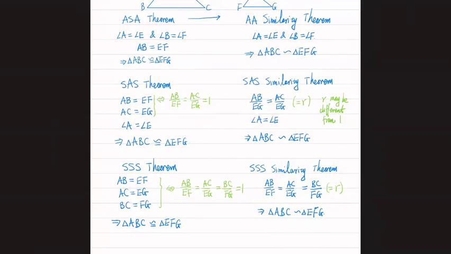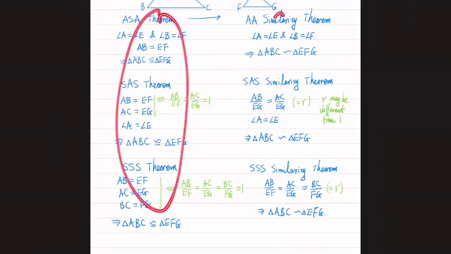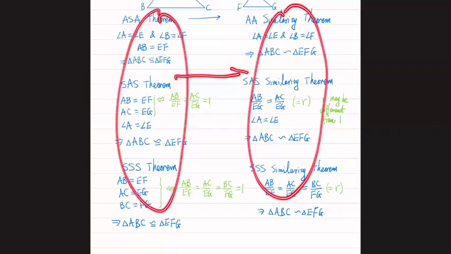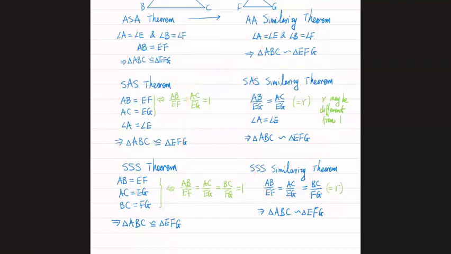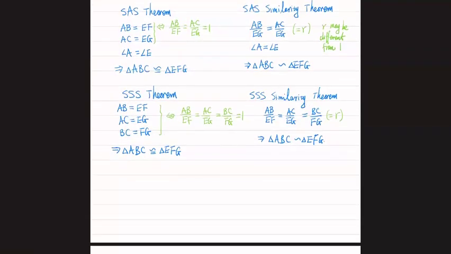How do we go from congruence to similarity? The key step is the intercept theorem.